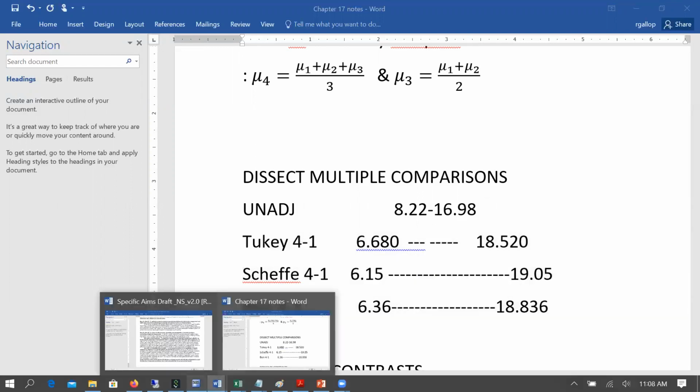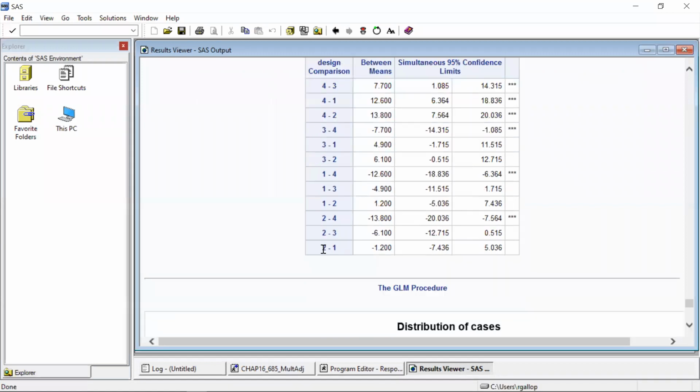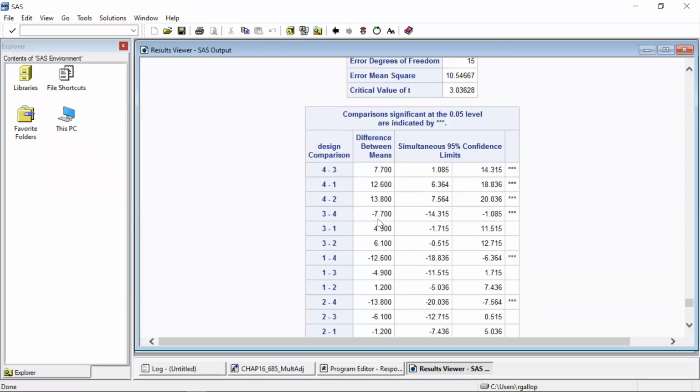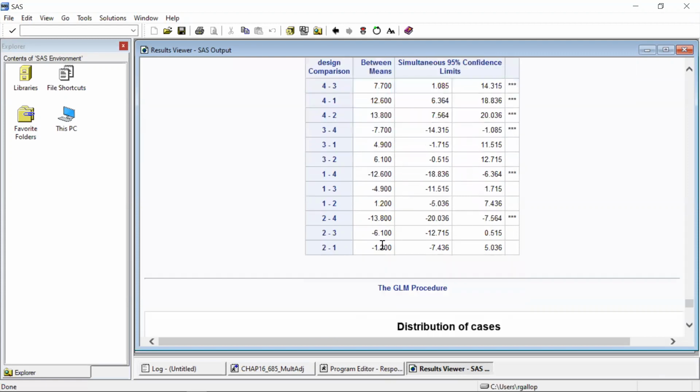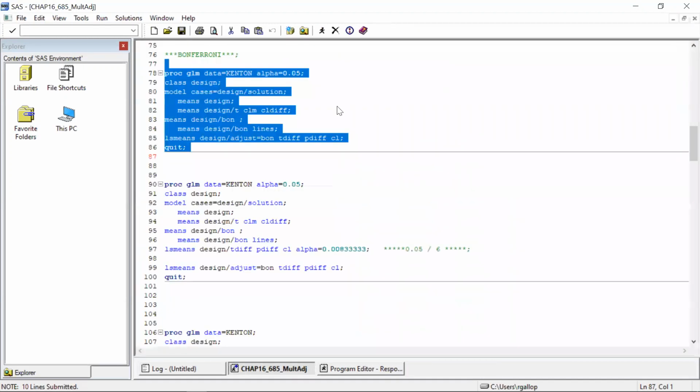And again, if we focus back on the SAS output, all the pairwise comparisons that are statistically significant are adjusted for all multiple comparisons in this table. Which in reality is 6? No, because again, 4-1 and 1-4 are the same thing, just in opposite direction. So that's what we see there.